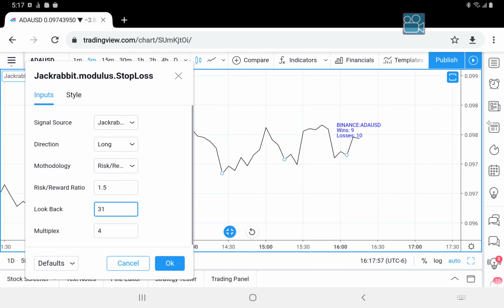For example, now that we have a look back, notice we have 9 wins to 10 wins. Let's try some more numbers. Just playing around here, looking for different numbers.